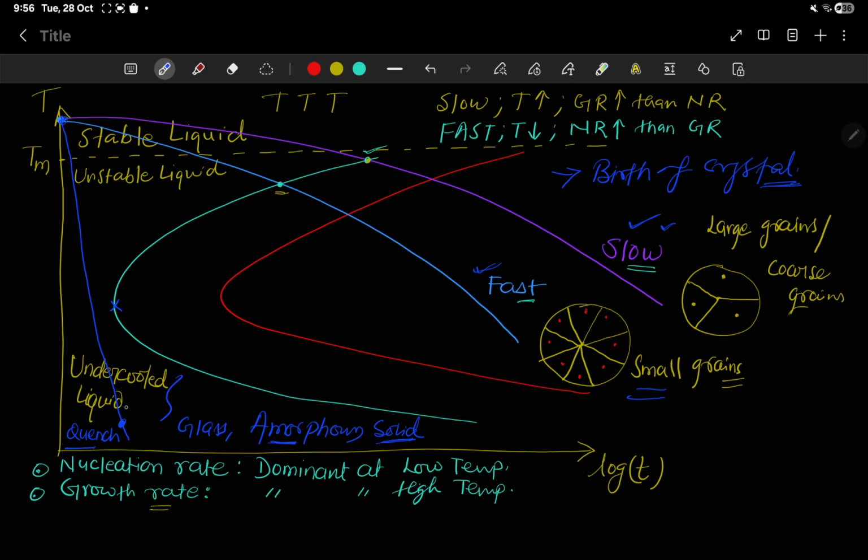And in an undercooled liquid as we decrease the temperature, viscosity will increase, and in the end we will get a glass or amorphous solid structure, right? So this is all for TTT curve of liquid to solid transformation. Let's explore it more in terms of iron carbon diagram.